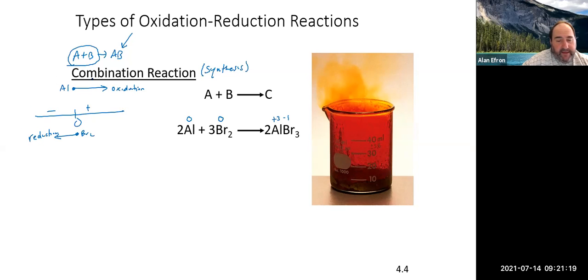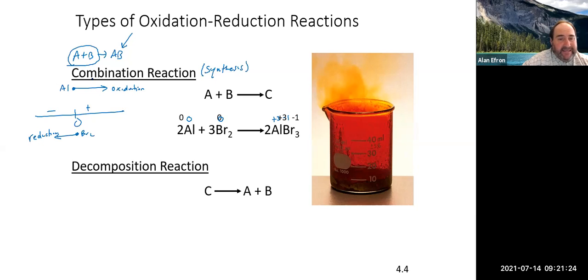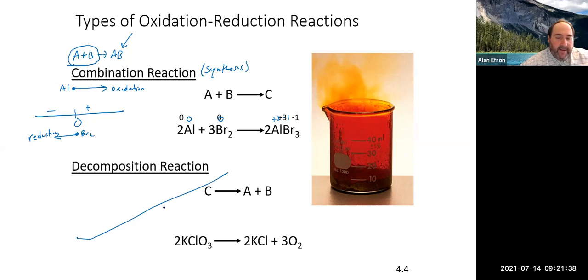The next type of reaction is a decomposition reaction. A decomposition reaction is essentially the opposite of a combination reaction. In a combination reaction, we basically put it together, and draw a really bad line there. And in a decomposition reaction, we actually break it apart.